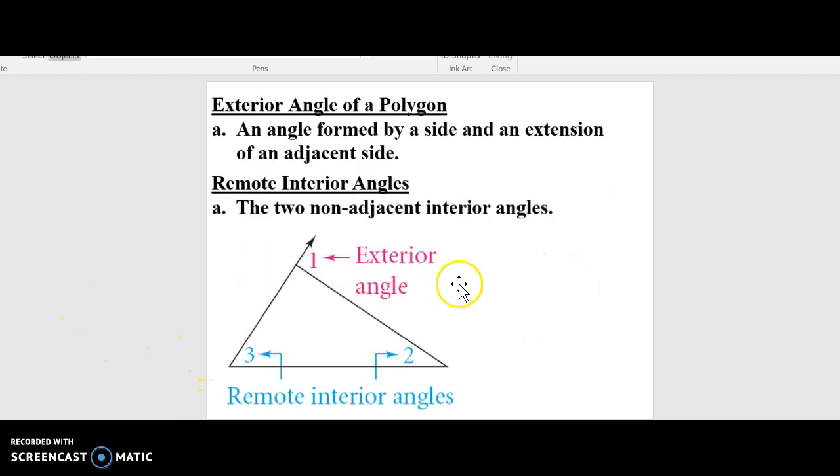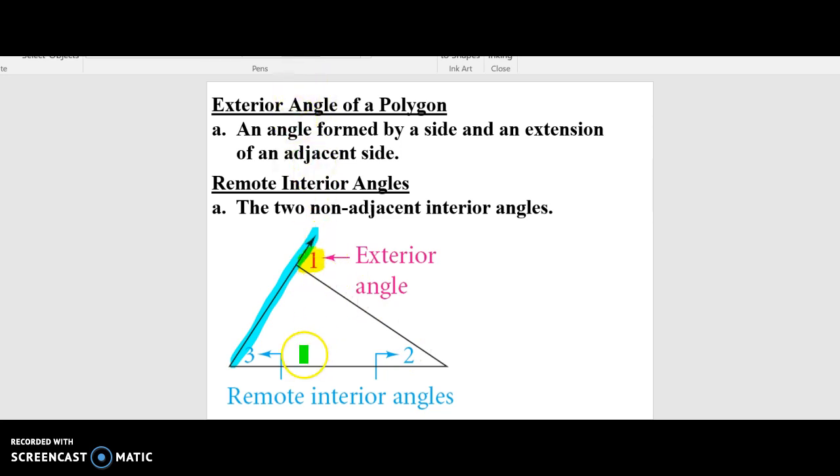Okay, so the next theorem is the exterior angle theorem. Now when we look at it, angle 1 is an exterior angle. If we take any side of a triangle and we extend it, what's created by this side of the triangle and the extension is this exterior angle.